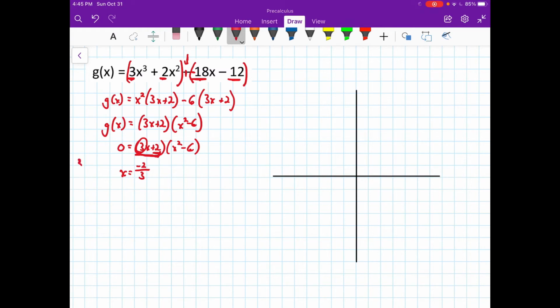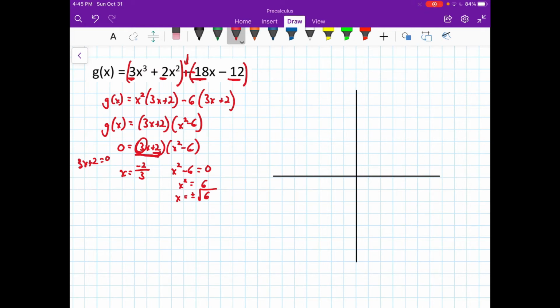If you don't understand that, just solve 3x plus 2, and you'll get that answer, and you might see why you get that answer. And then this other one, we're going to put x squared minus 6 equals 0. We add 6 to both sides and then take the square root. And so we get x equals plus or minus the square root of 6.